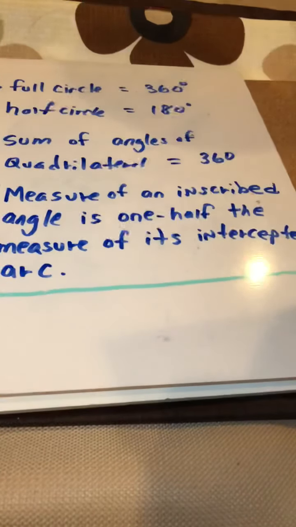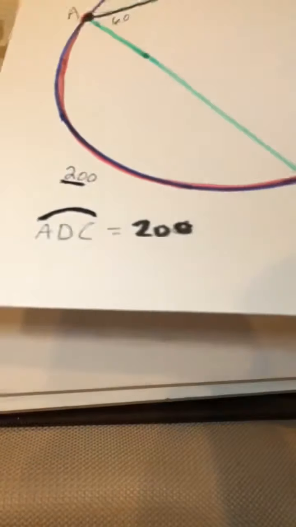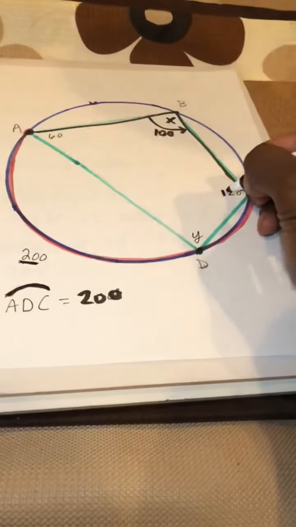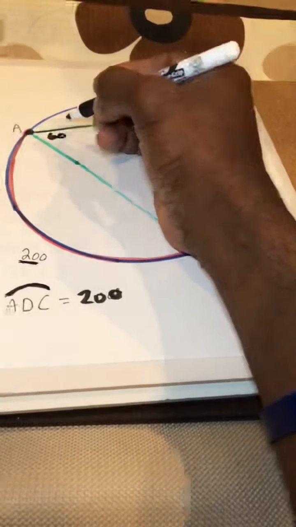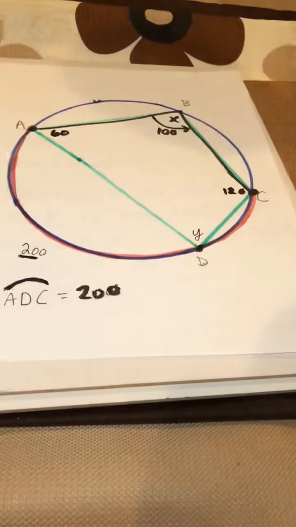What fact can we use? I heard someone say it. The sum of the angles of a quadrilateral is 360. Therefore, if we know that this angle is 120, this angle is 60, this angle is 100, then we can use just simple mathematics to find the missing angle.